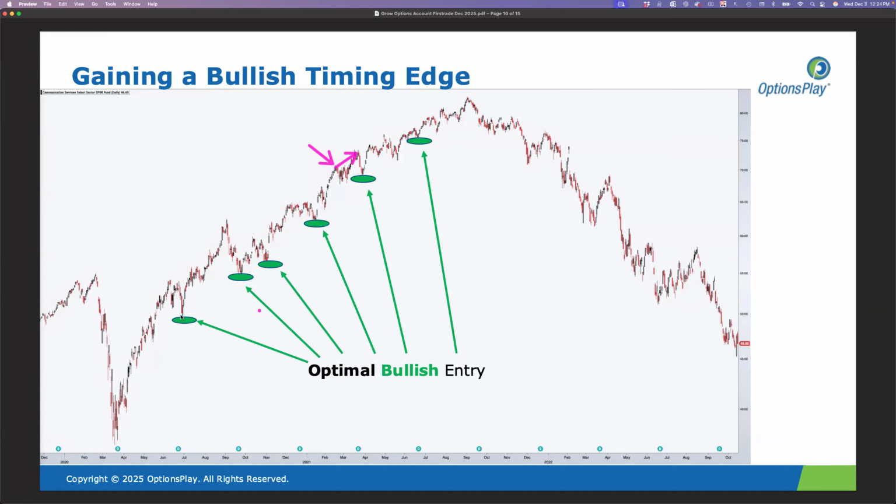Versus if you look at this uptrend, there are a few opportunities where, if you entered at the more opportune times, which are the times I've shaded here in green, you would have been profitable pretty much from the day you entered the trade, and you would have gotten out at a profit in a very short amount of time.